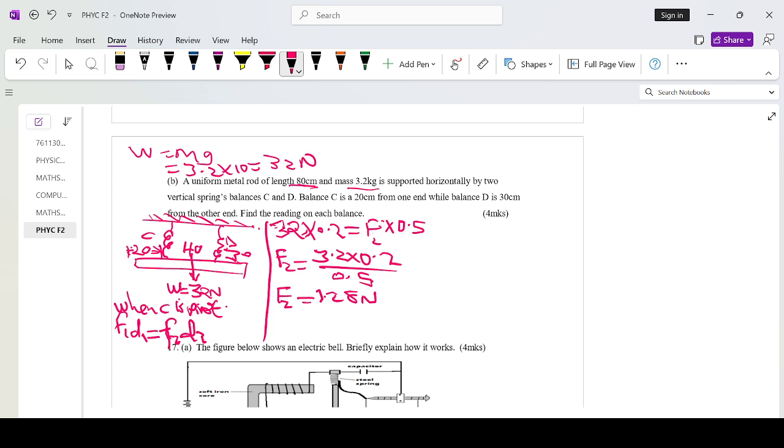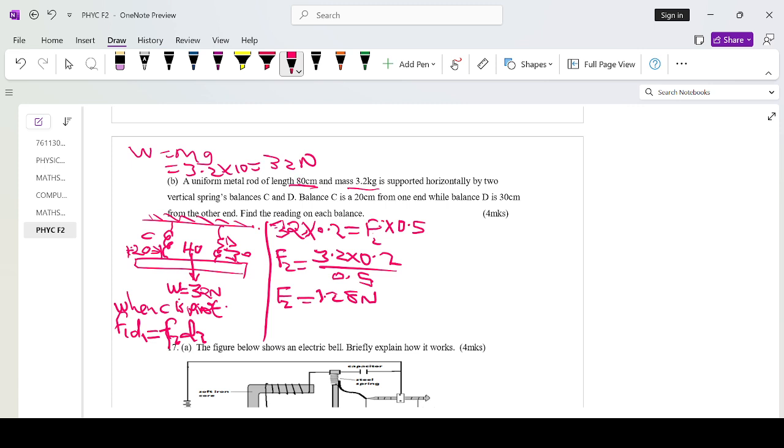Let's analyze this F2. F2 is this one, but how far is it from the pivot? Already C is here. Here there is a distance of 20, here another distance of 30, so that's 50. So if it's already 50, the total distance of 50 is left.